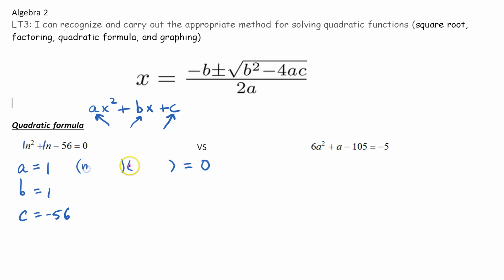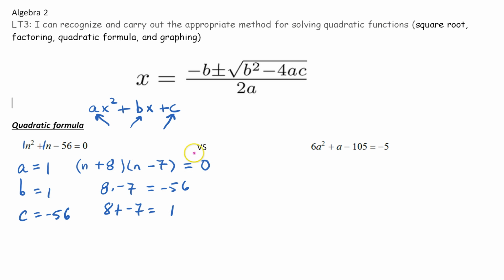So I can write n and n, and I can write this as positive 8, negative 7, because I know 8 times a negative 7 will give me negative 56. And I also know that 8 plus a negative 7 would give me positive 1, which is my middle term.